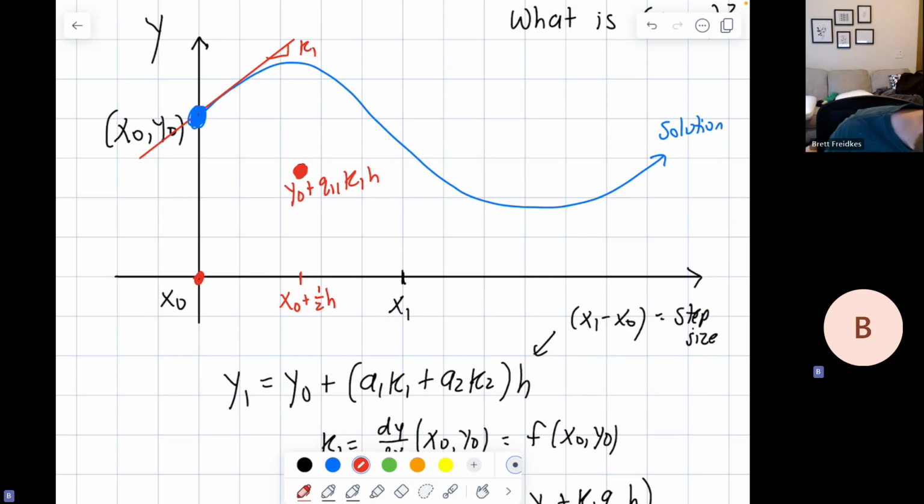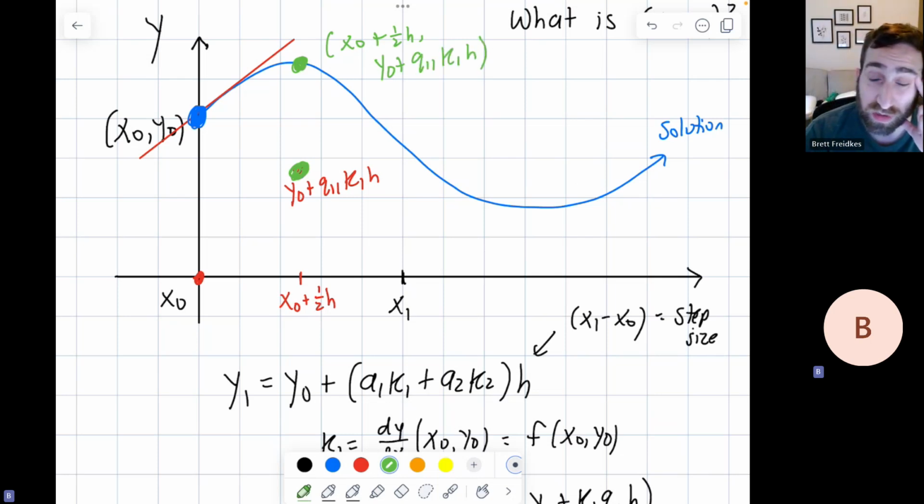So basically, we'll end up with k2, which will be the slope of the differential equation at that point. Again, we don't know this blue thing, but if you were to go ahead, we'll change the green again. We're going to change different colors. Sorry. If you were to go ahead at this point, which we're trying to line up with that, this is the point x naught plus half h, y naught plus q11 k1 times h.